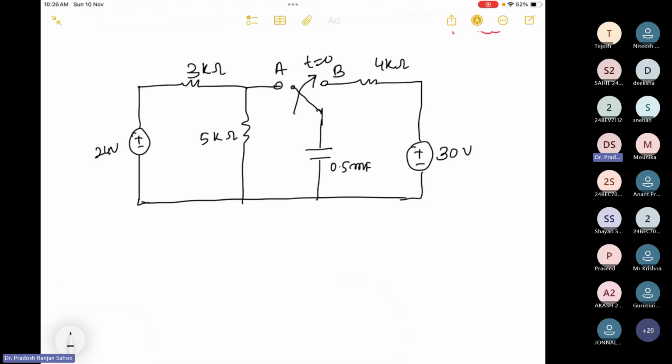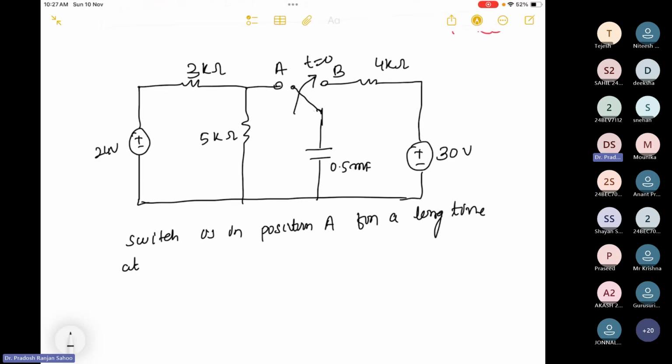So the switch is in position A for a long time.